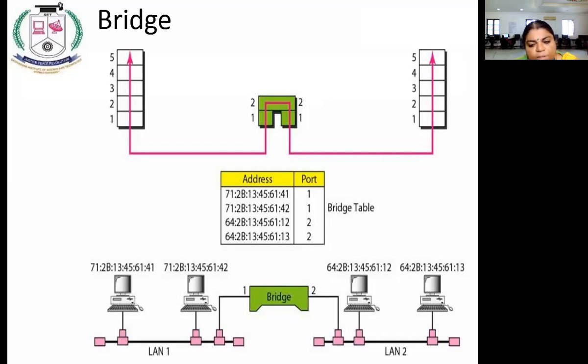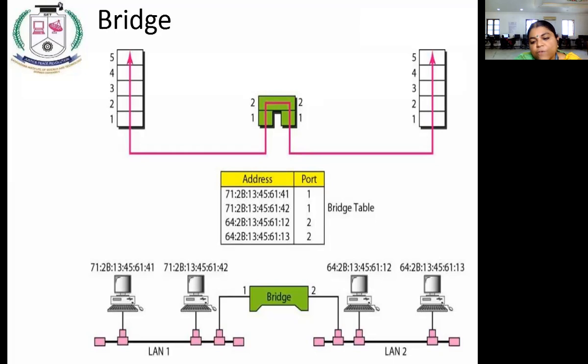No, no, no. That is the feature. It will not. That is the problem with the repeater. Repeater has no provision for identifying the destination. So it will flood the network with all the frames that it receives.